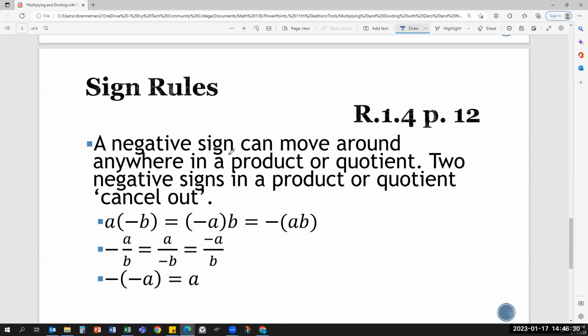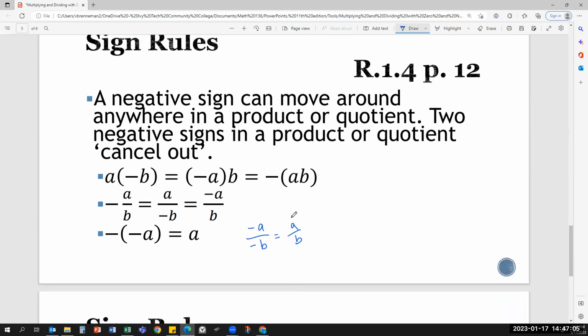So a times negative b is the same thing as negative a times b is the same thing as the negative of the result of a times b. Negative of a quotient, so negative a over b is the same as a over negative b, or the negative on the top with a. And then two negative signs in a product or quotient cancel out. So negative of negative a is a, and also negative a over negative b would be positive a over b. Those would cancel out as well.